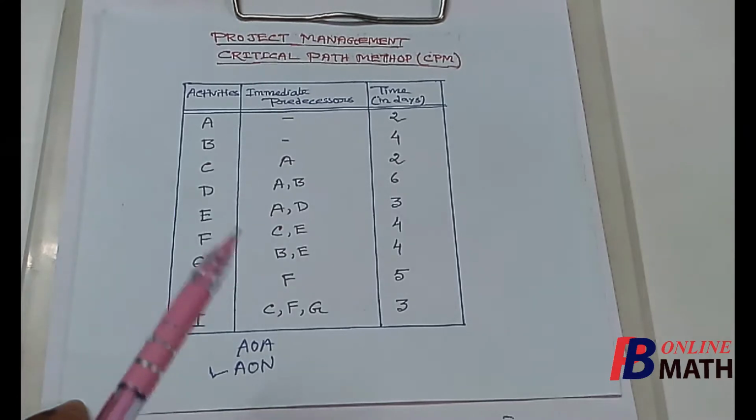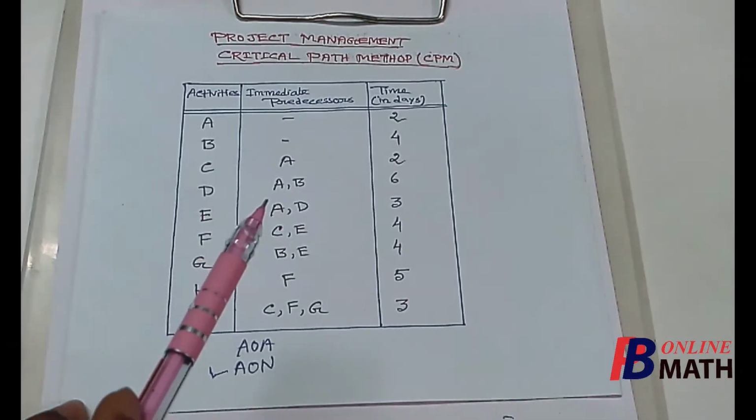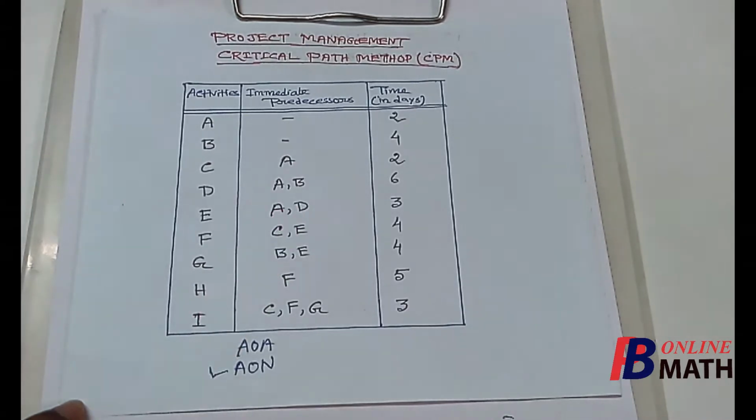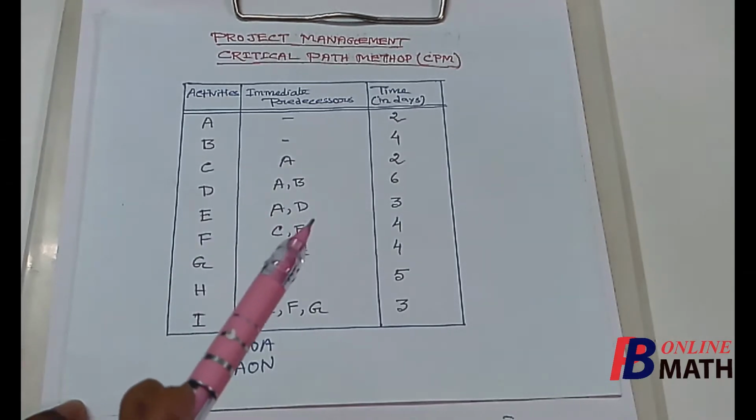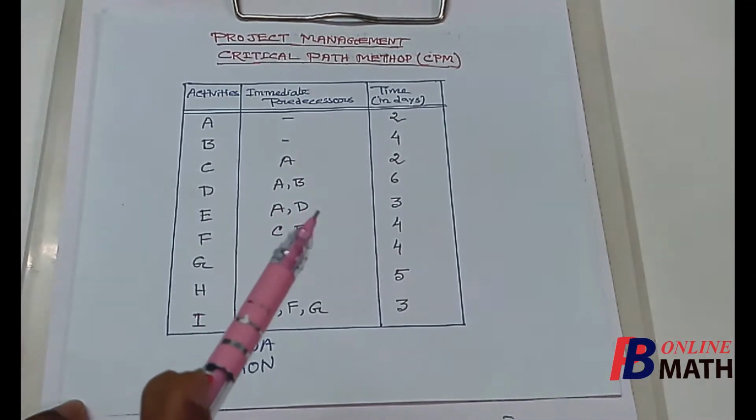Next, from the table we find that the activity D has two immediate predecessors, which are A and B. So the activity D can be started only after completion of the activities A and B both.